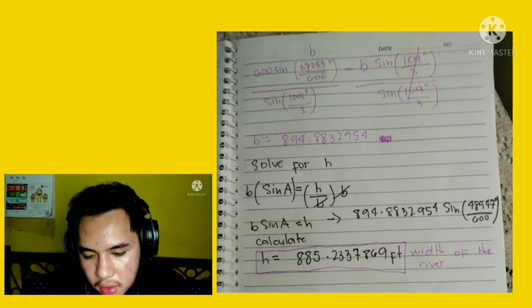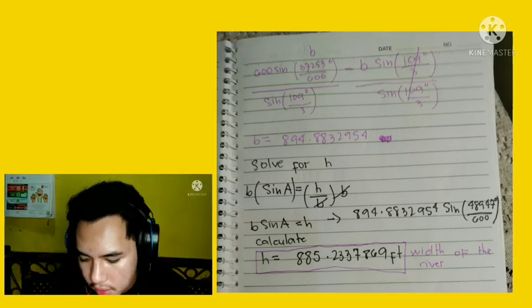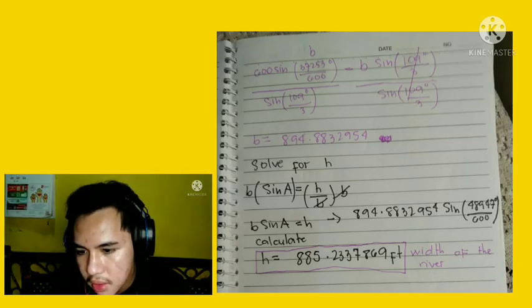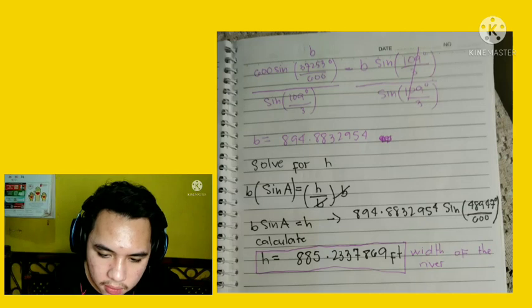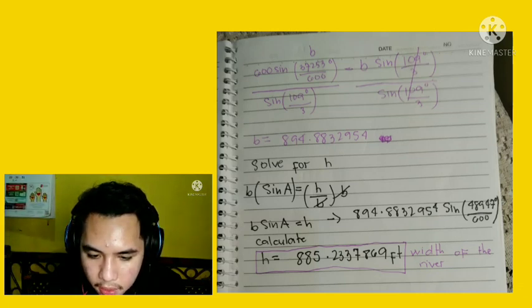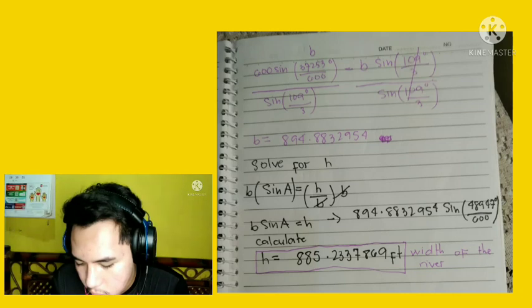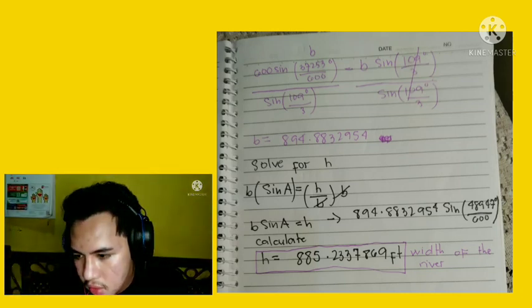So we solve here for side B. We cross multiply, so we will get B equal to 600 sin 37253 over 600 degrees over sin 109 over 3 degrees.